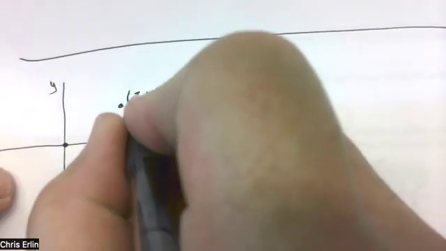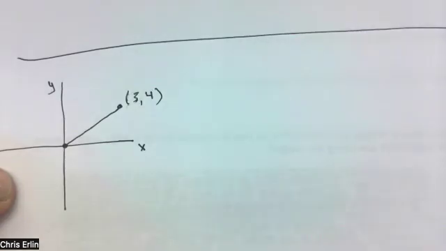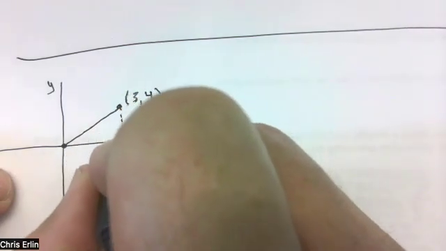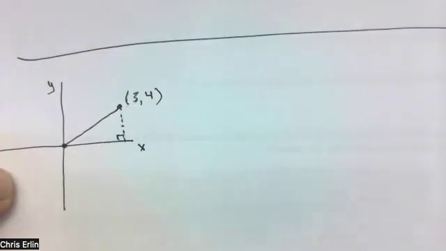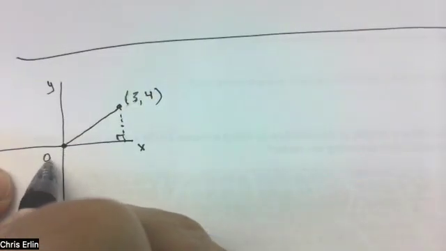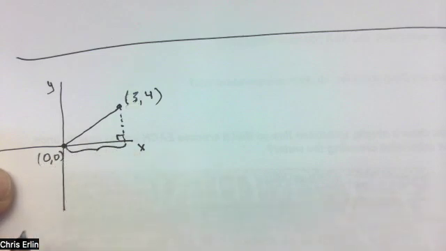So if this point is 3, 4, and I'm trying to find the length of this segment, how would I do it? Make a triangle, really good. Because if I make this a right triangle, we know that from this point 0, 0, origin, how long is this leg of the triangle?